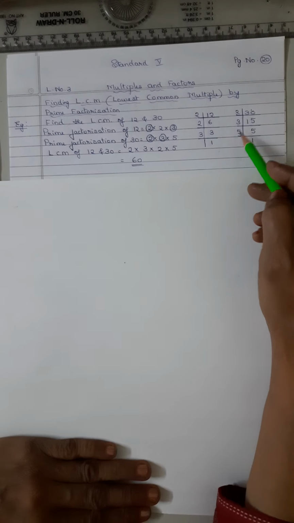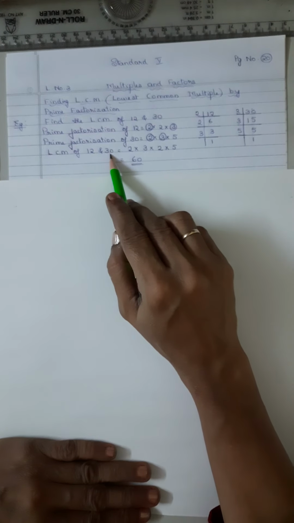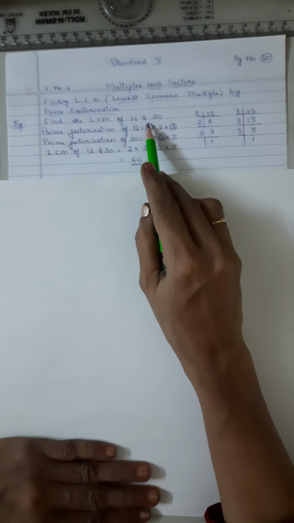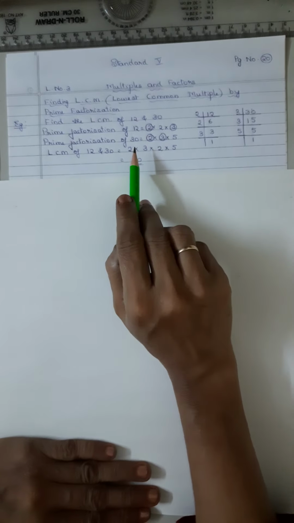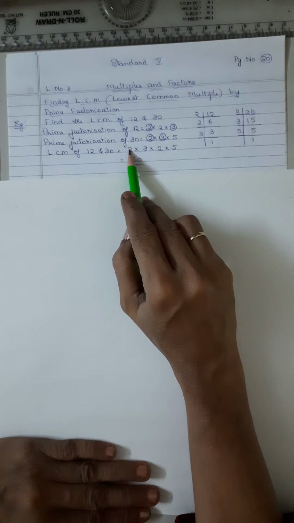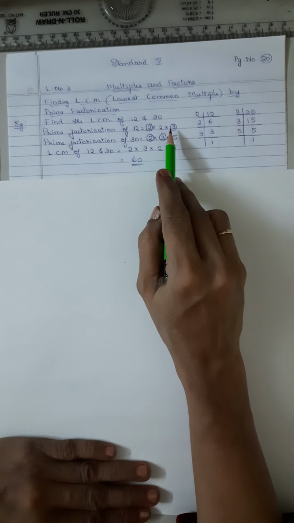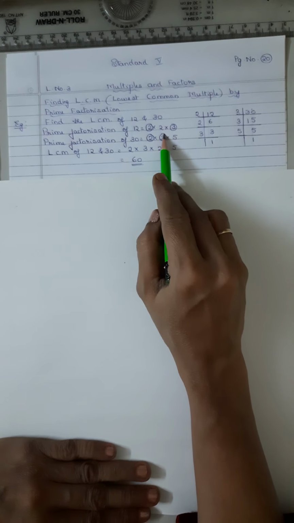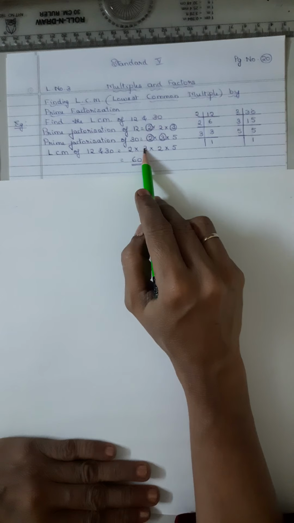Okay. Now LCM of 12 and 30. What we have to do? Circle the common factors. So 2 is common, circle it and write 1 time. Any others? Yes, 3 is there. 3 and 3, so circle 3 and write it 1 time.